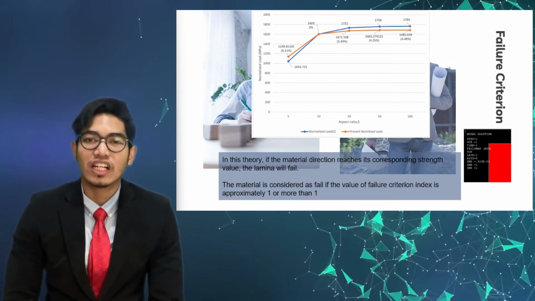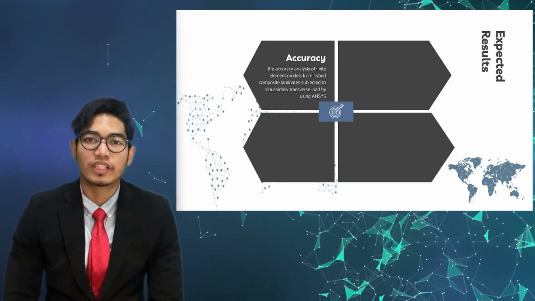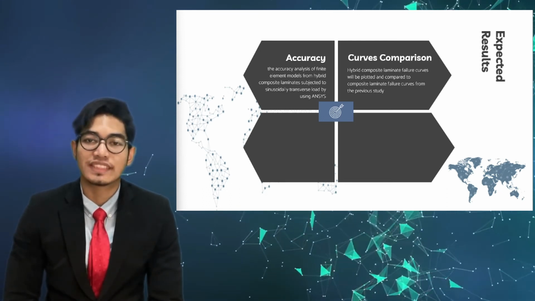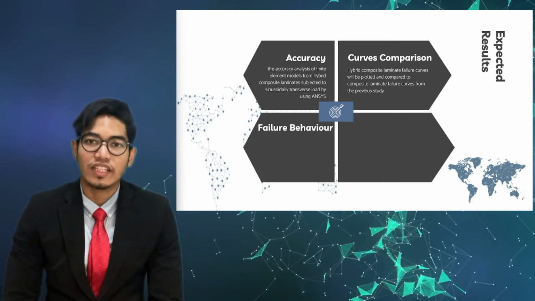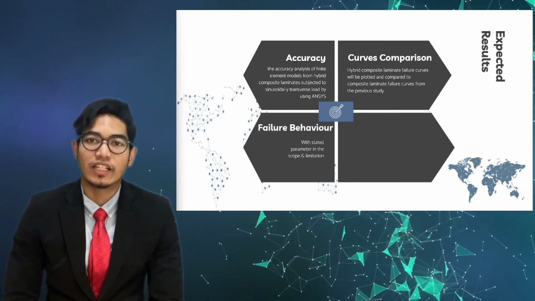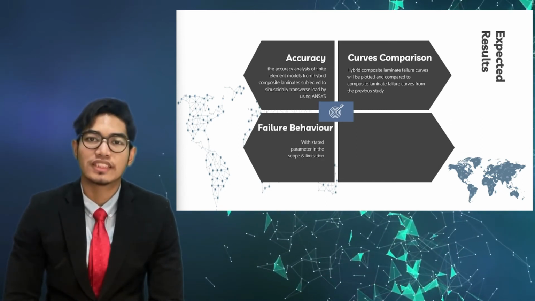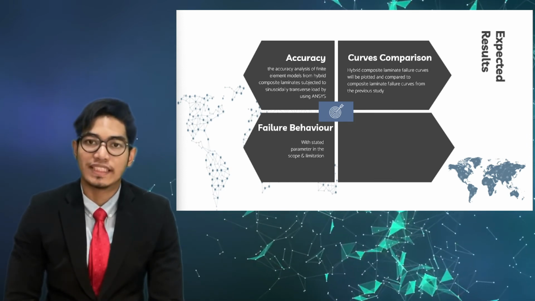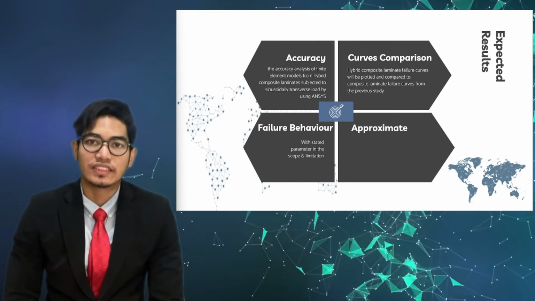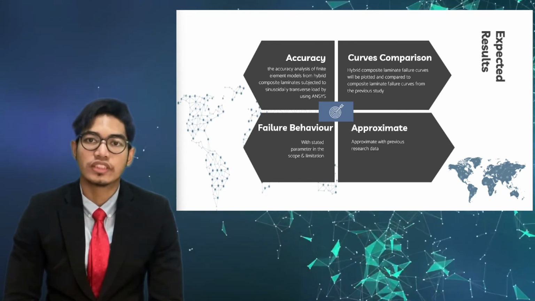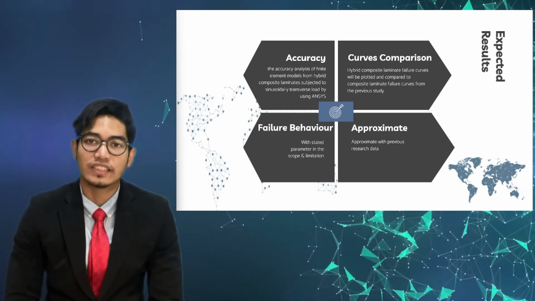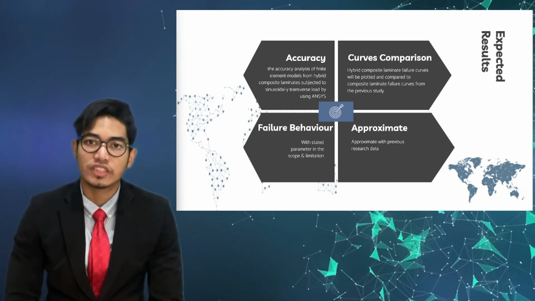Similarly, in this result, I will show the curve comparison of the hybrid composite laminate failure curve from the previous study. From this result and output, their failure behavior can be understood in relation to the parameters stated before in the scope and limitation of my FYP study. Related to the results I have obtained, all my future results will approximate previous research data and exact values by using this computational method.